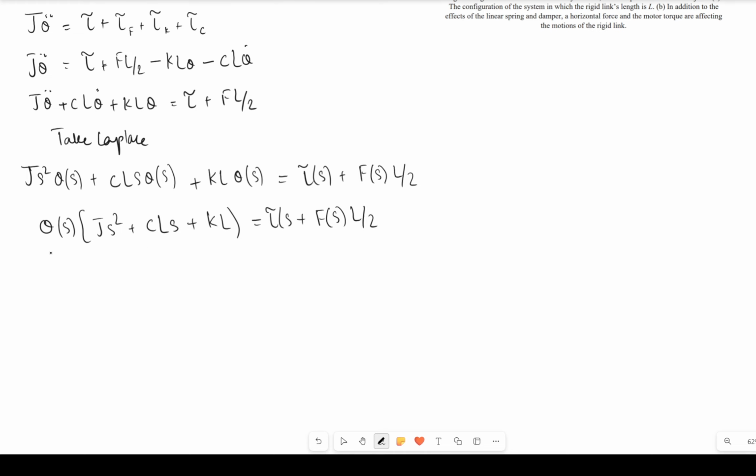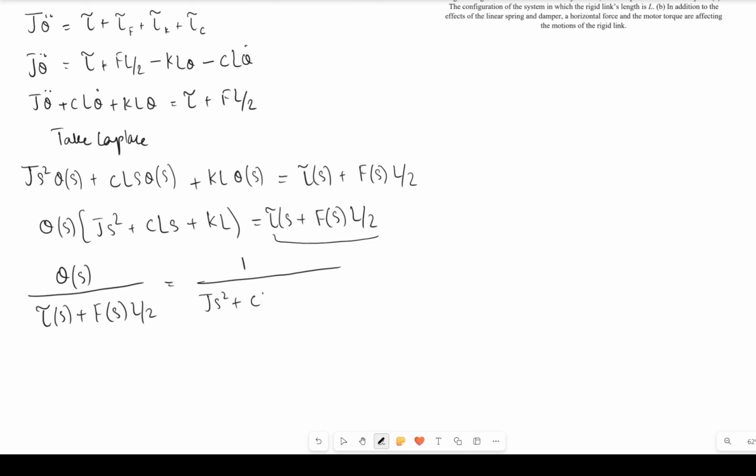Now our output is theta(s) and our input is this whole thing in general, so theta(s) divided by tau(s) plus f(s) L by 2 is equal to 1 divided by J s squared plus CL s plus KL. So this is our transfer function.